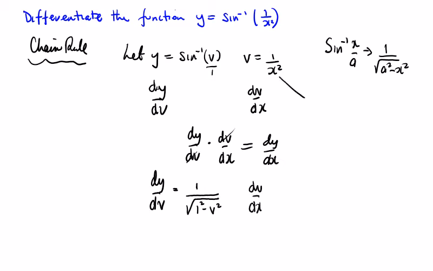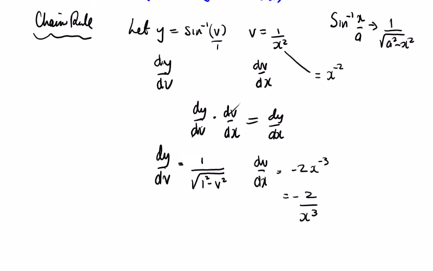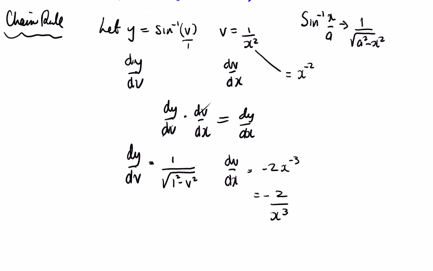Let's look at dv dx. Now v is equal to 1 over x squared, which is equal to x to the power of minus 2. So dv dx is minus twice x to the power of minus 3, which is equal to minus 2 over x cubed. So now we're going to have dy dv, just change my v into 1 over x squared.